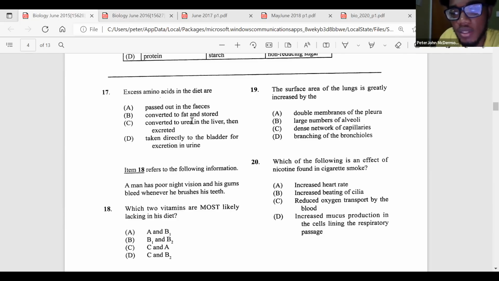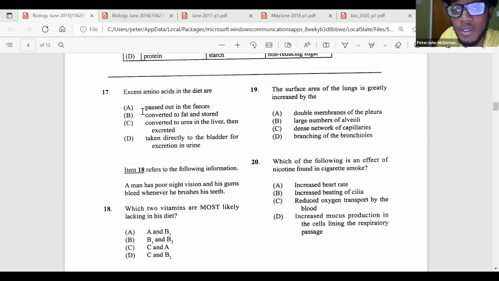What's typically passed out in the feces? I think you have some vitamins that are passed out in the feces and urine as well.